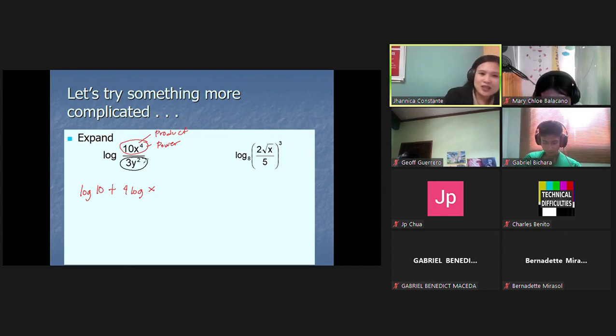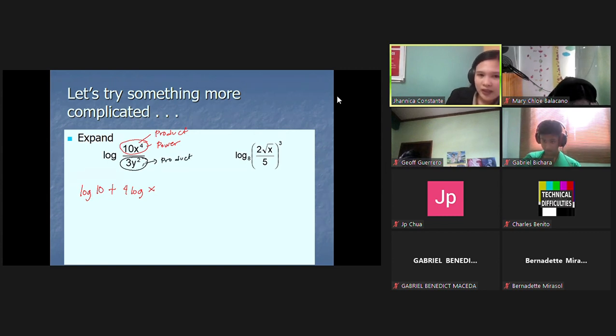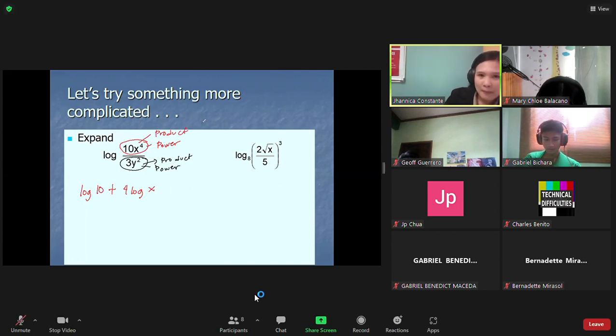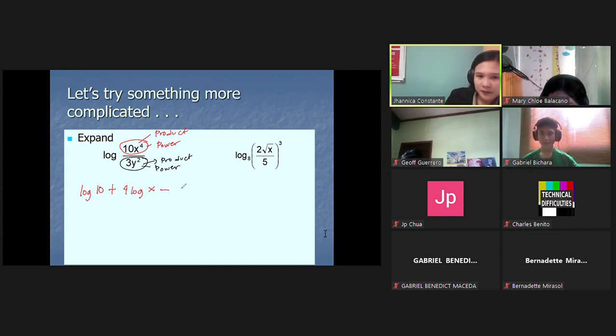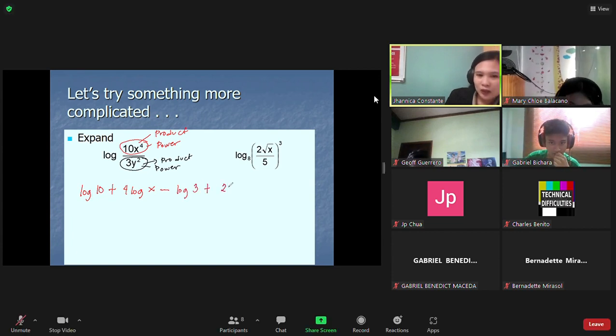So as you can see here, in this second argument that we have, we will be having two rules, which is also the product rule and our power rule. Okay. So minus, since it's divide, minus logarithmic 3 plus 2 logarithmic y.